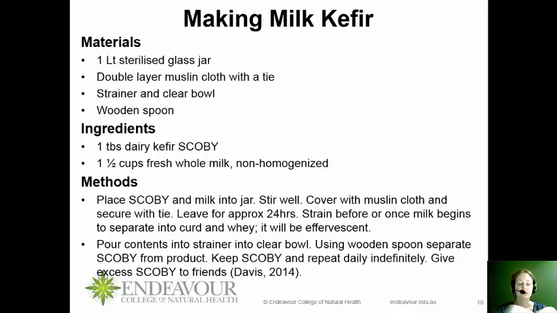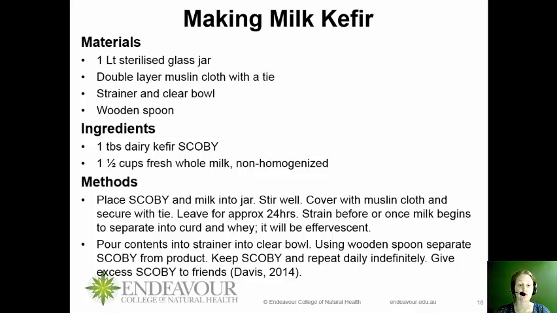You want to pour the contents into the strainer, and that's your SCOBY. You want to keep the grains separate, and then repeat. So put more milk in it and keep feeding it.